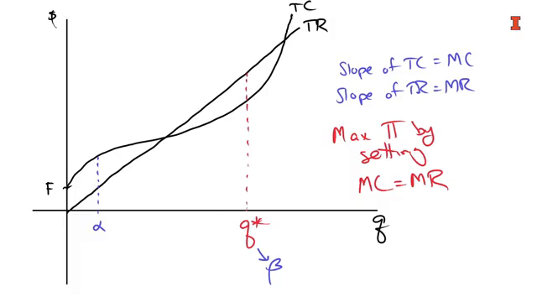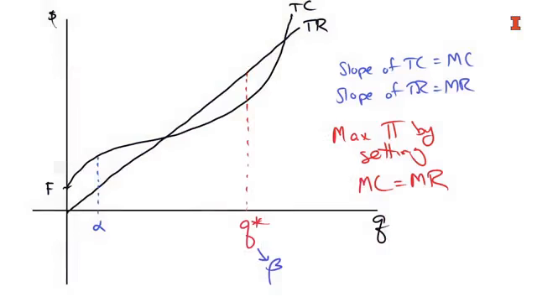That's your maximum loss side, or put it differently, minimum profit. So if you set the slopes of those two curves equal, you're going to find the biggest gap between them. One of those is a very attractive big gap: revenue exceeds cost. The other is very unattractive: costs exceed revenue. In fact, costs exceed revenue at the biggest point possible. That's a terrible position to be in. So alpha minimizes profits, beta maximizes profits.